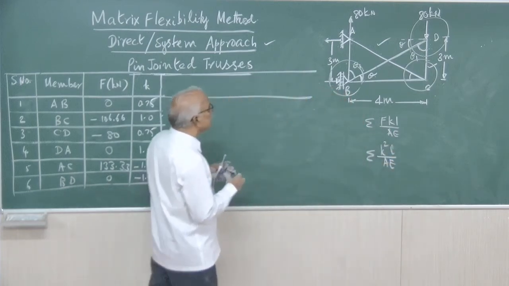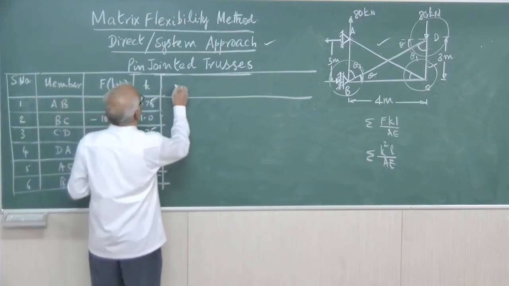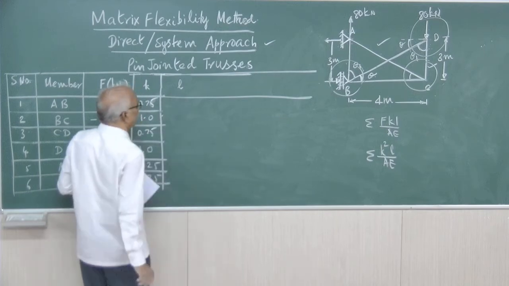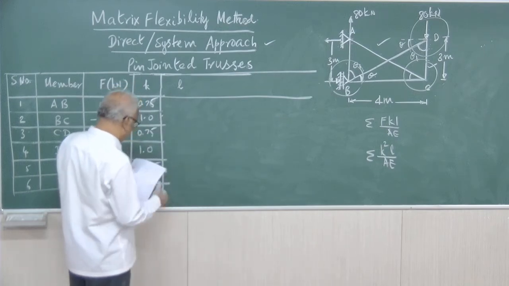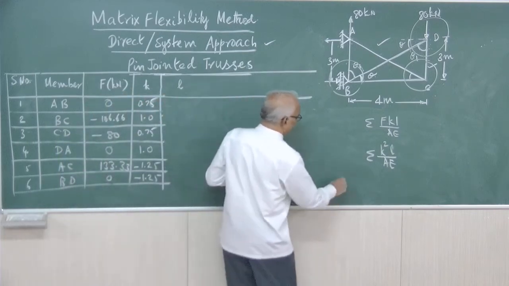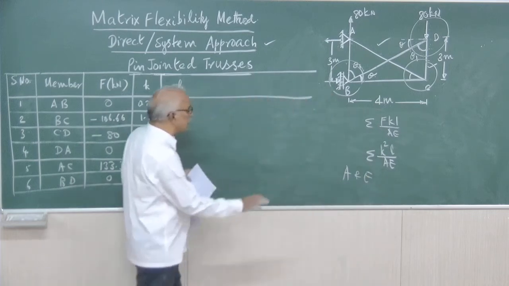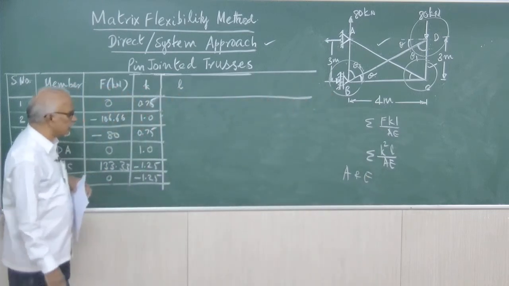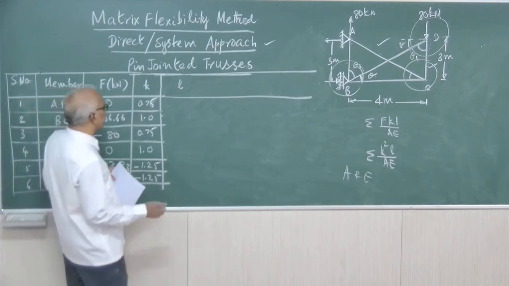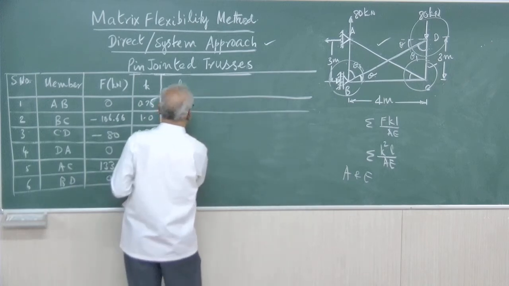Here, the lengths are different, therefore we have to provide a column for L in terms of meter or millimeter. Now here, A and E are the same. Therefore, whatever the unit, we can forget about AE. In this problem, L we can write in terms of meter.